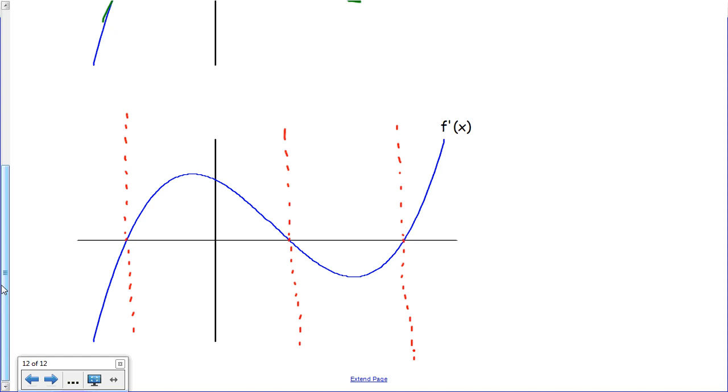All right. And then the next piece to consider is what's happening in between these zeros on f prime. I can see that, for example, on this first section right here, the derivative is below the x-axis. The fact that it's below the x-axis tells me my derivative was negative.